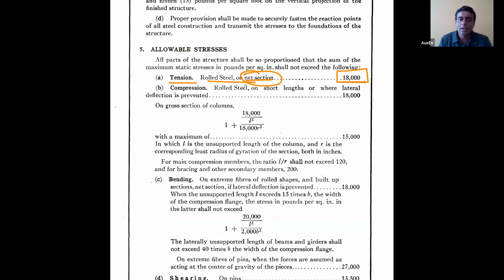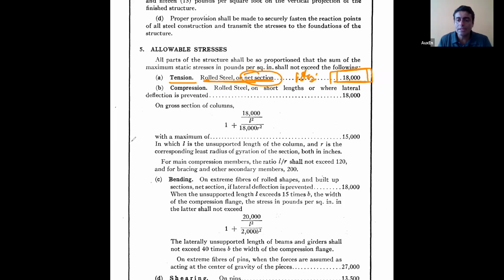That means if there are any holes, sorry, rivet holes, because back then holes were made for riveting, on the net section the stress level shall not be more than 18 KSI.